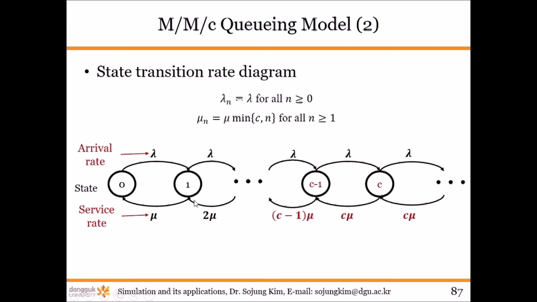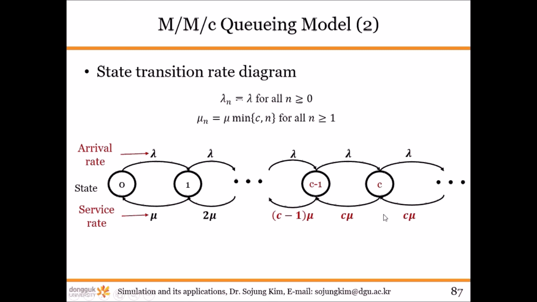The states are still the same: 0, 1, 2, 3, 4 up to C, and once we have C, there will be C plus 1, C plus 2, and so on. The arrival rate is the same, just lambda. However, the service rate will change according to the number of customers, or the number of available servers in the system.